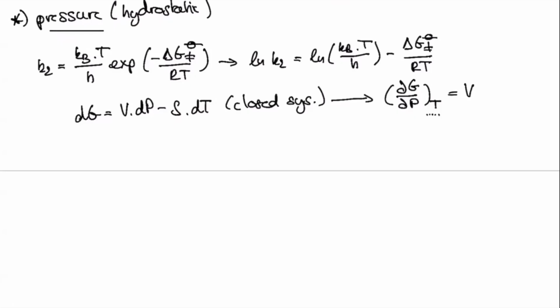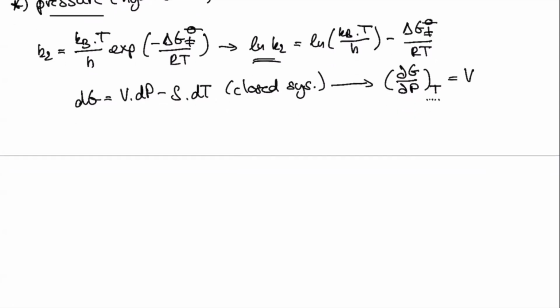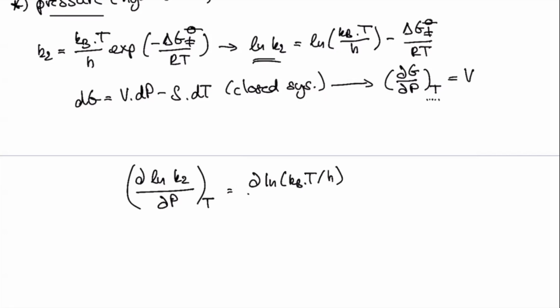So let's now differentiate this ln k2 equation, and we take the partial derivative with pressure. So we get d ln k2 over dP at constant temperature. This will be d ln of kB T over Planck's constant over dP at constant temperature.